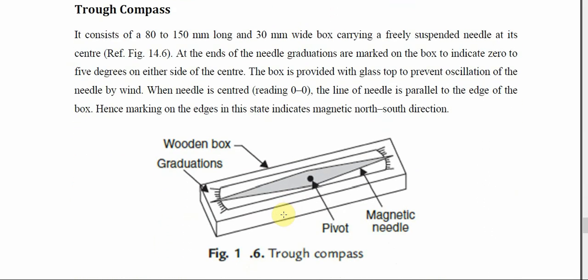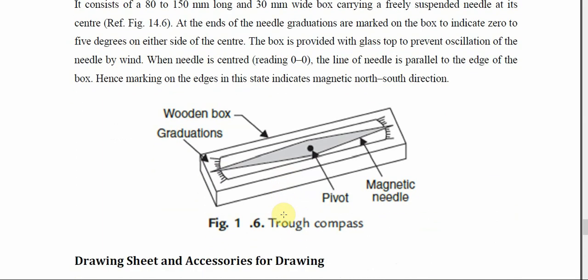The next accessory is a trough compass. Now, whenever you are mapping or plotting something, directions are very important, and the trough compass is used to indicate the direction, that is north and south direction. Trough compass has a magnetic needle, and the magnetic needle always points towards north.